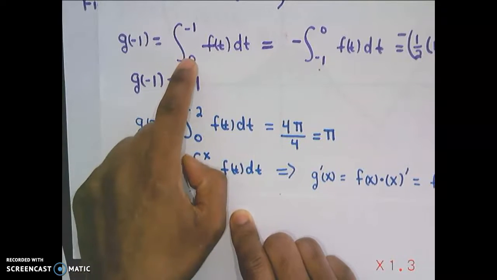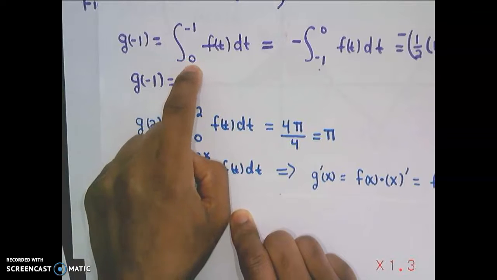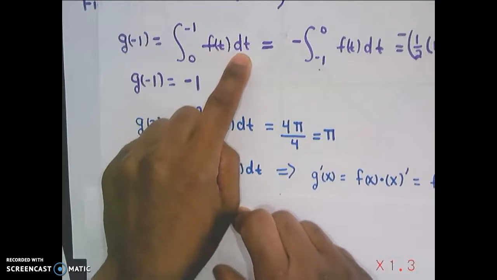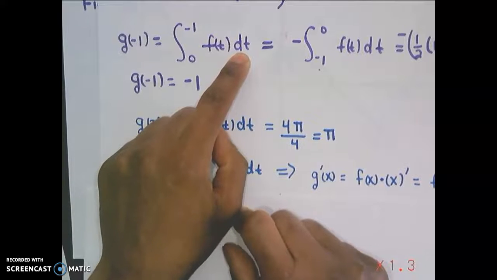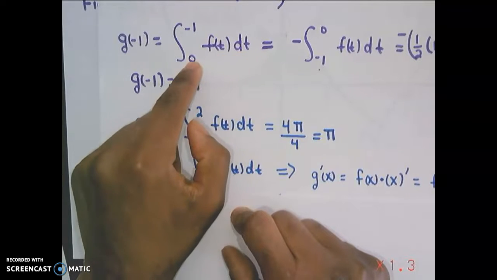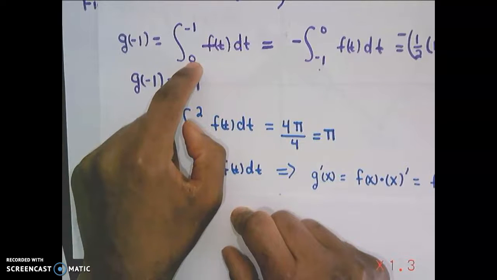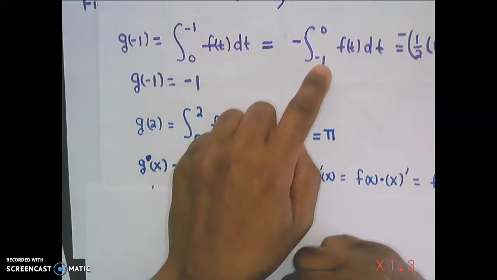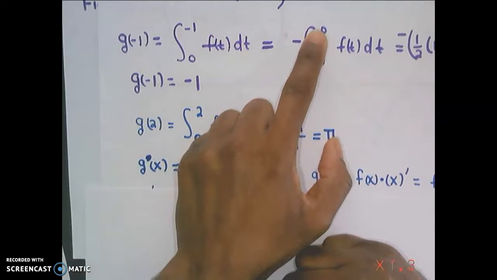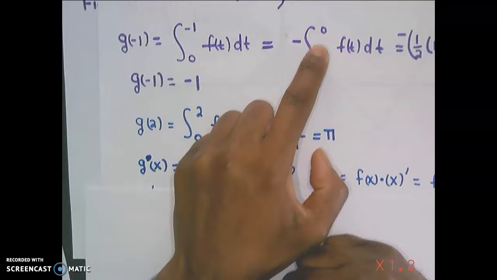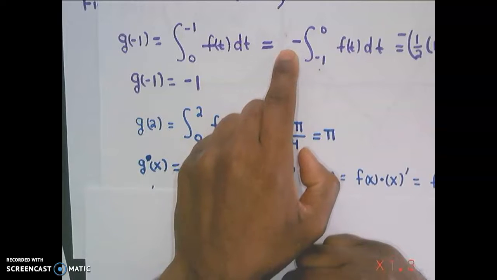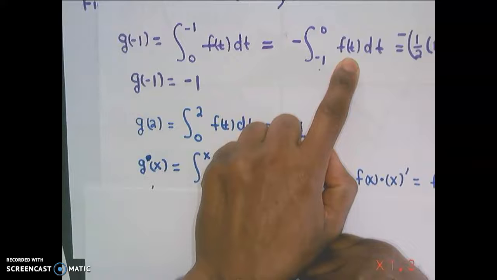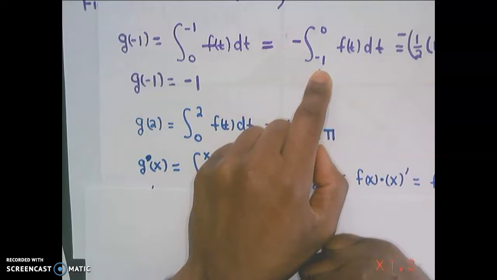So I know I'm going to be integrating from 0 to -1, the function f, with respect to t. Now, the problem that we have initially is that we're integrating from a bigger number to a smaller number. So we need to flip our limits of integration to go small to big. When we flip it, we get a negative sign. So now we just want to find the area under the curve f from 0 to -1.